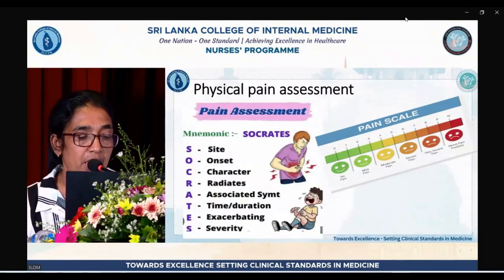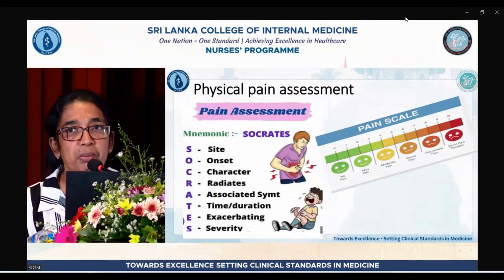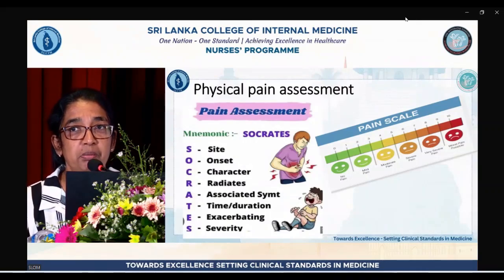So they are very important to identify as a nursing officer. Sometimes a patient may be diabetic, he may not feel pain, but he will start vomiting, sweating. Those associated symptoms are sometimes life-saving.